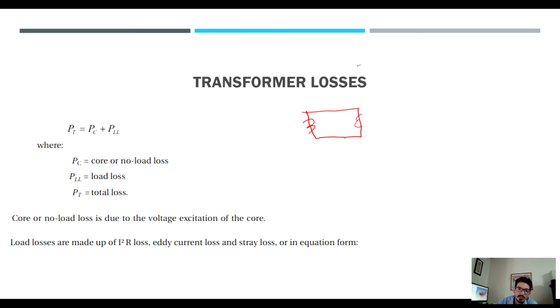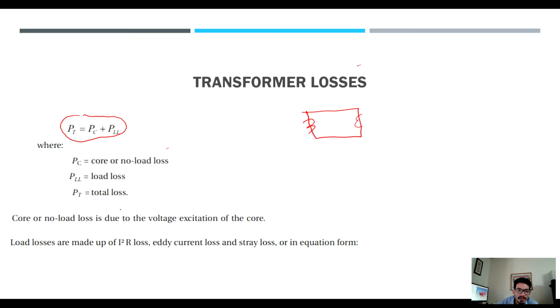There's just some small resistance. Even though the materials are conductors, you still have a small resistance there. And there's some loss given by the load. The total loss is the combination of the loss because of the load and the loss because of the material or the core.